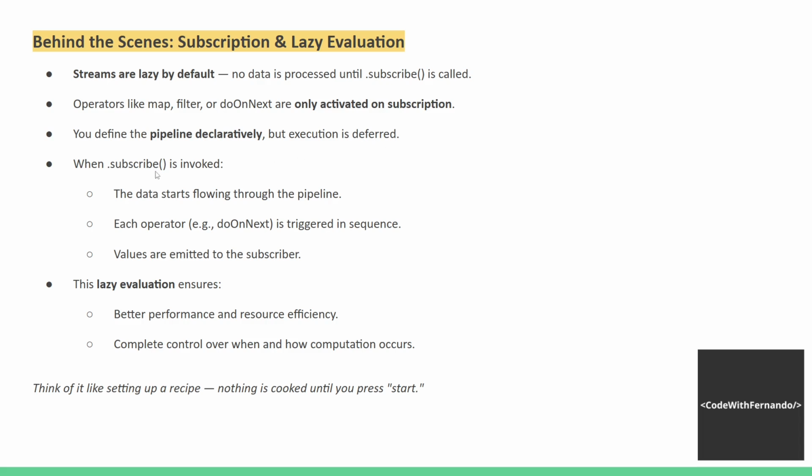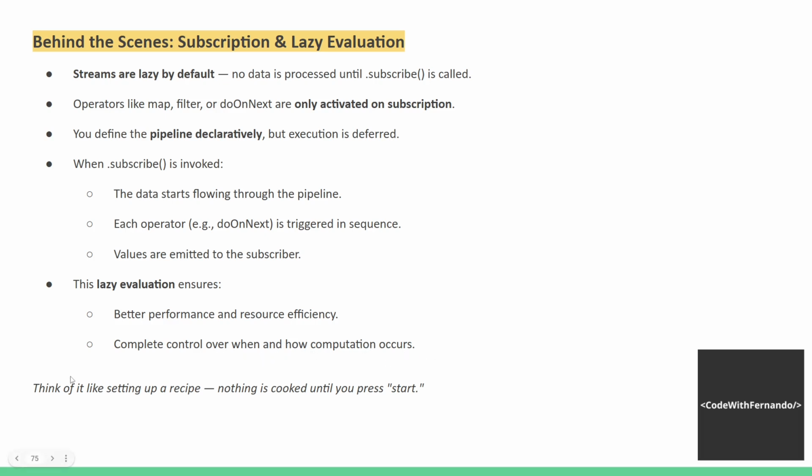When the subscribe method is invoked, the data starts flowing through the pipeline. Each operator, such as doOnNext, is triggered in sequence. Values are emitted to the subscriber. So this lazy evaluation ensures better performance and resource efficiency, and complete control over when and how computation occurs.